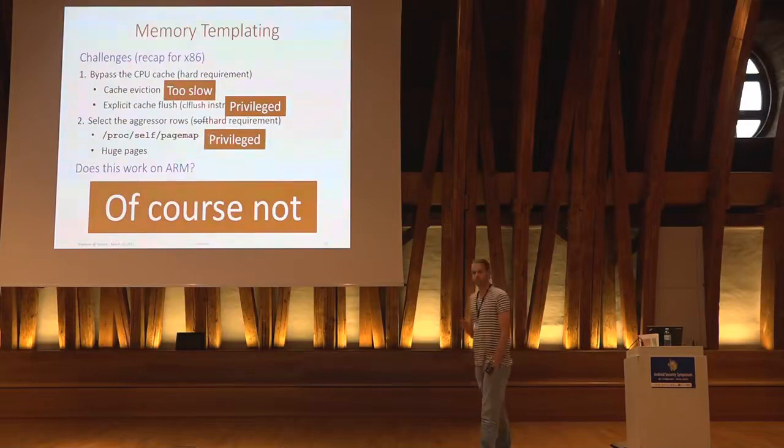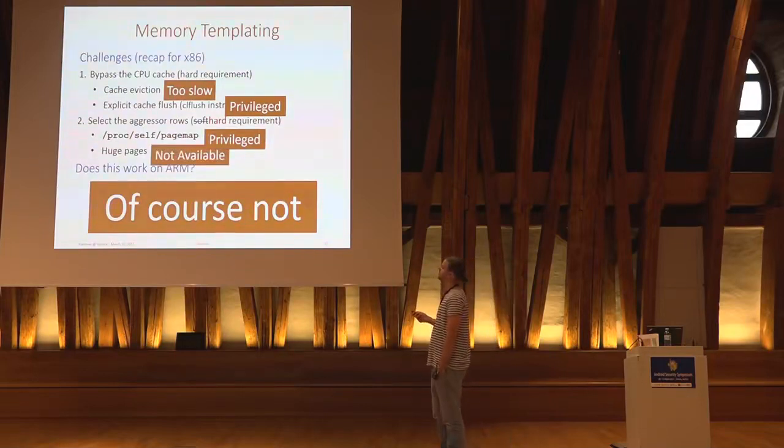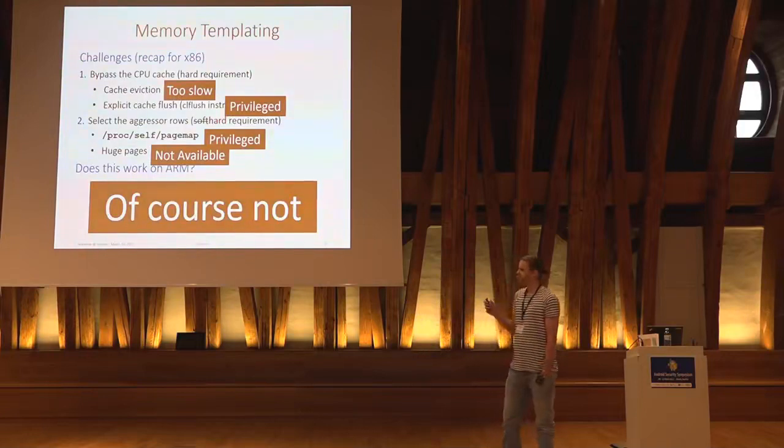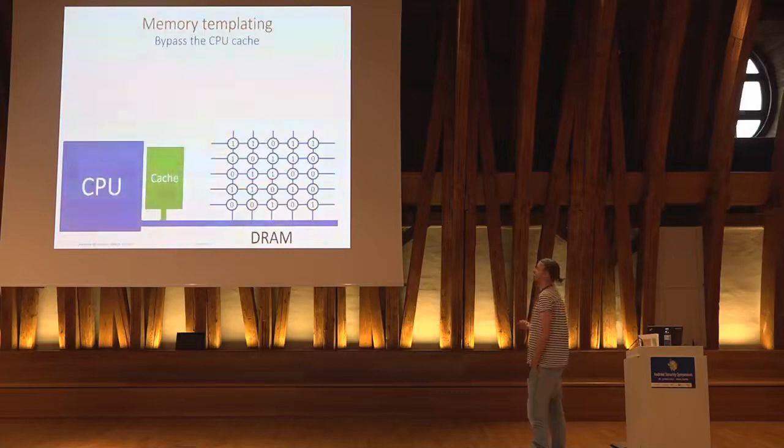The pagemap is privileged because Google is not stupid. They fixed this a long time ago. And then huge pages, I think they're working on it, but back then it was still not available, so it might come soon. So we had to come up with something else.